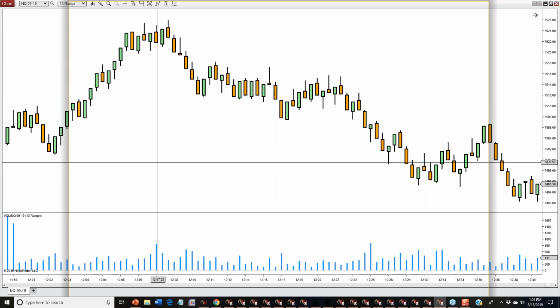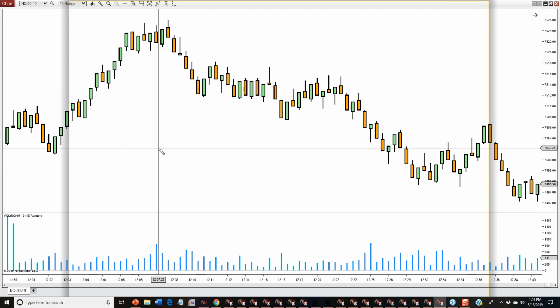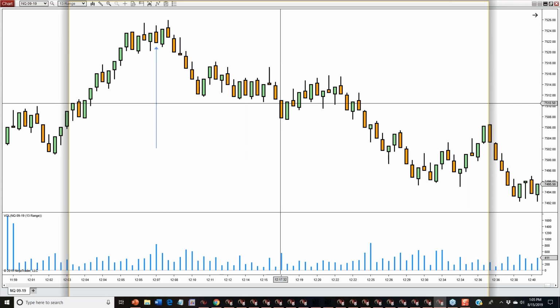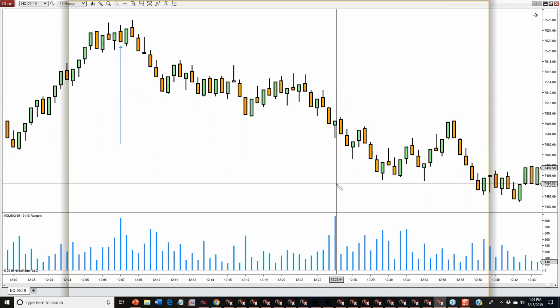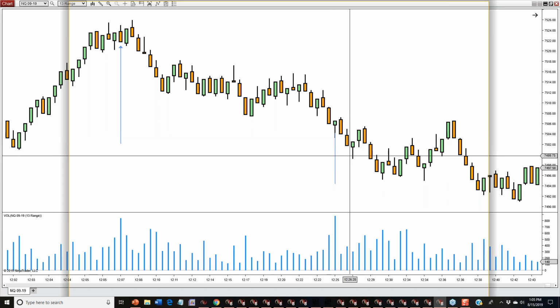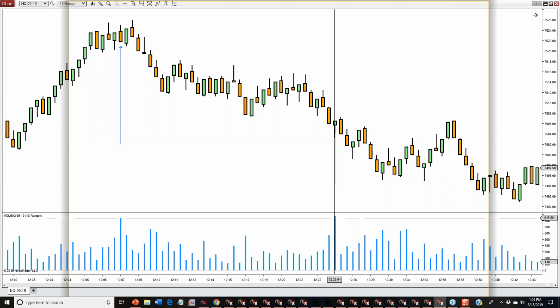So you're going to get a spike underneath this candle and a spike in volume underneath this candle. And an analysis is going to be done based upon this volume spike.